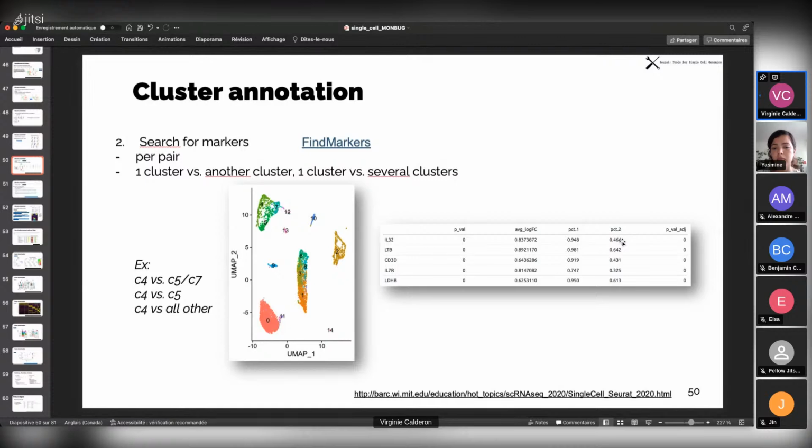But still, you need to put some threshold on these percentages, because you cannot use a marker that is just 10% expressed. It's not meaningful. So you can decide on some threshold and maybe draw the feature plots and see if it's relevant or not. The visualization will help you decide which markers are useful.